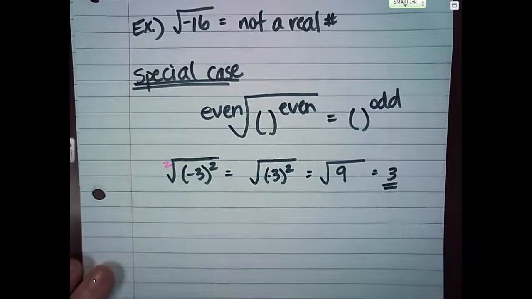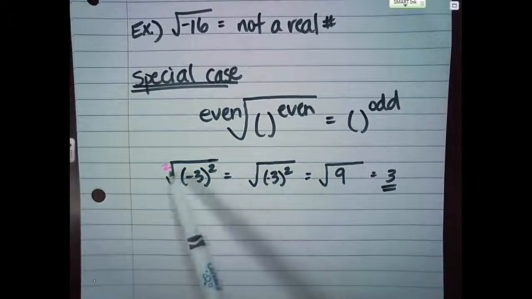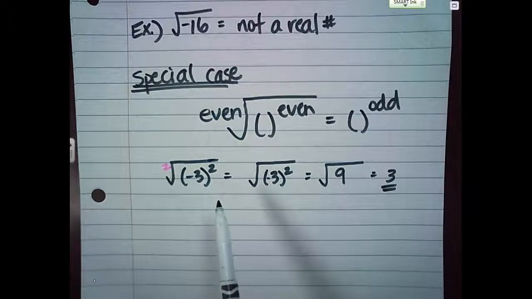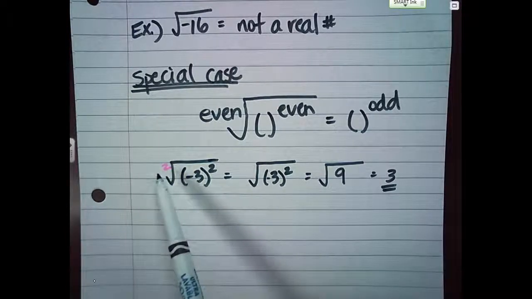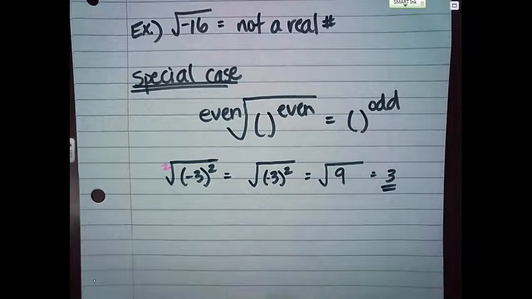But order of operations says no. A fast way to think about that is this. If you have an even power and an even root, your answer has to be positive. So if you have an even power and an even root, when you divide and you get an odd number, let me show you another one that comes into play.